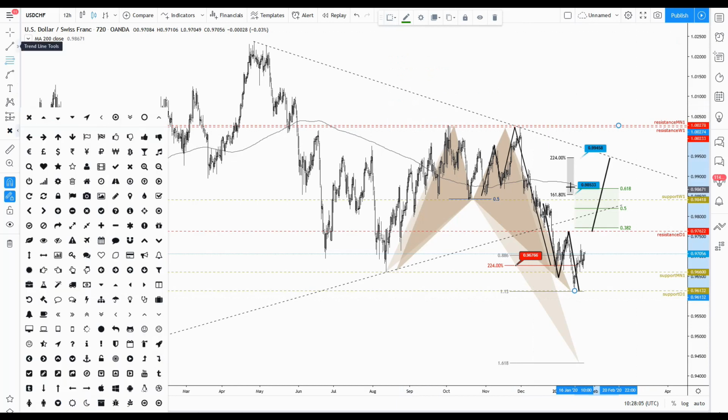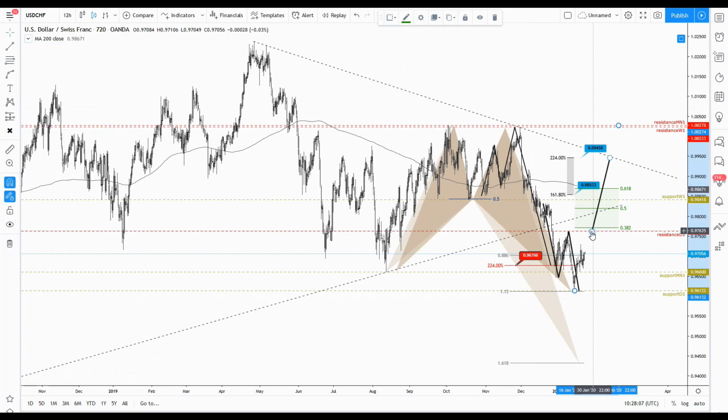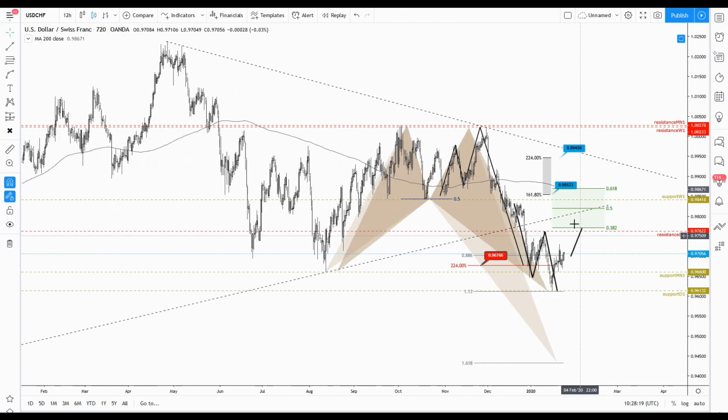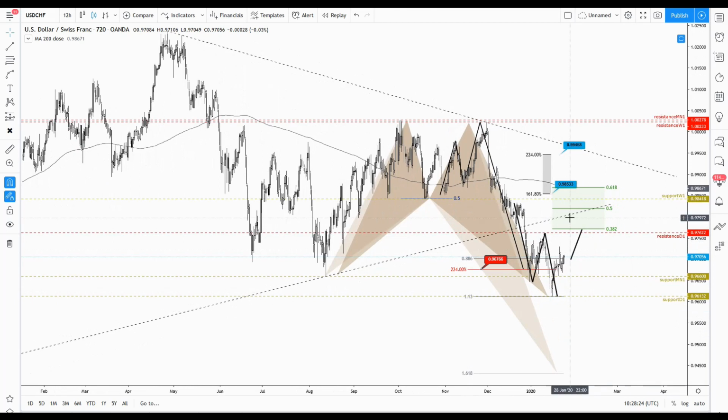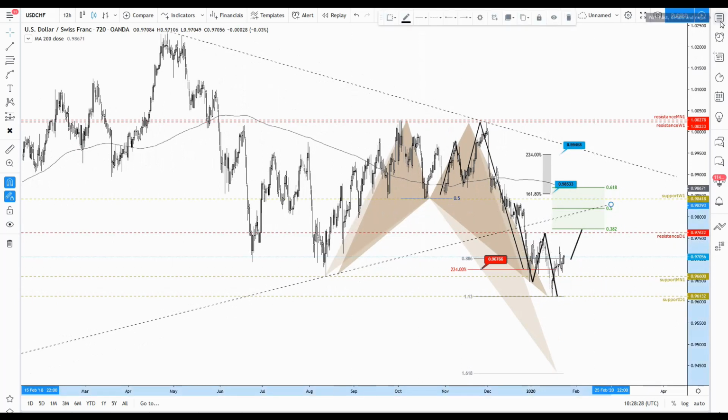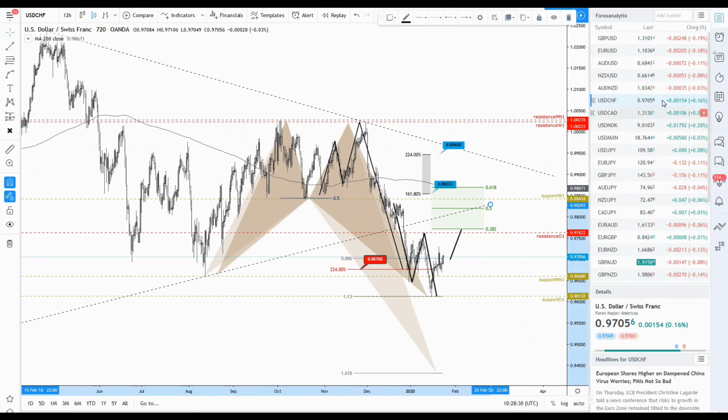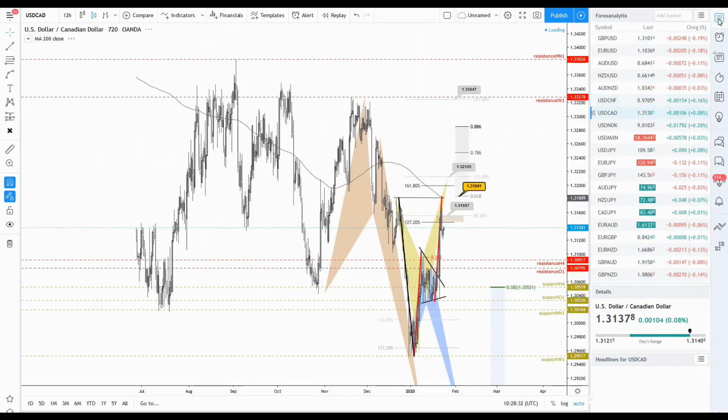So let's not ignore the possibility for CHF to actually trade the default targets for that pattern. If that happens, for those who are trying to go short, that may offer at least a nice price level to get involved if you trade the breakout of those structures.